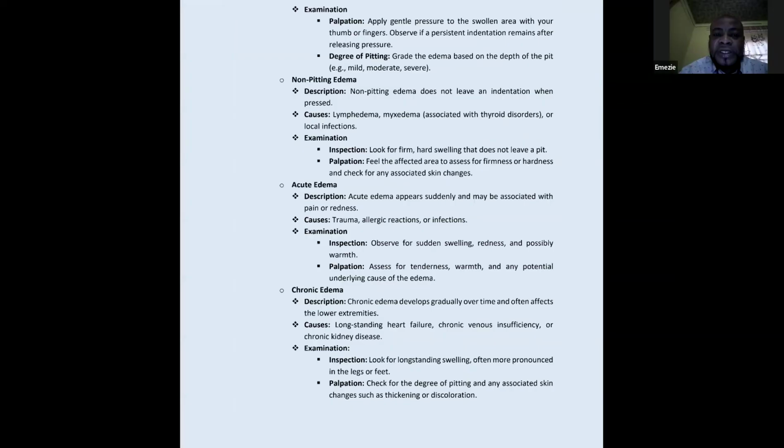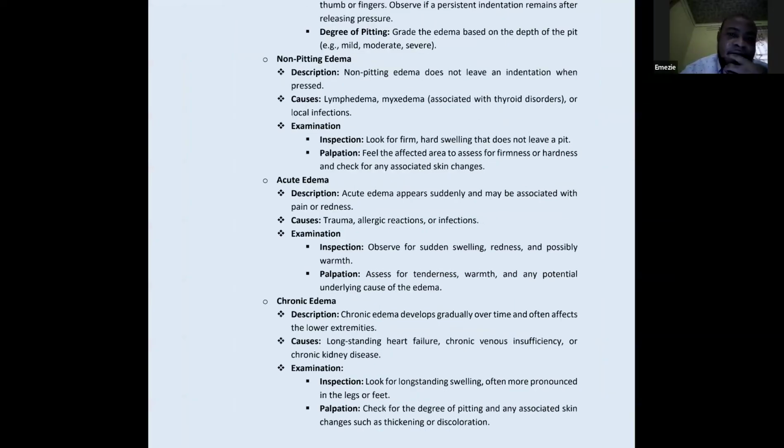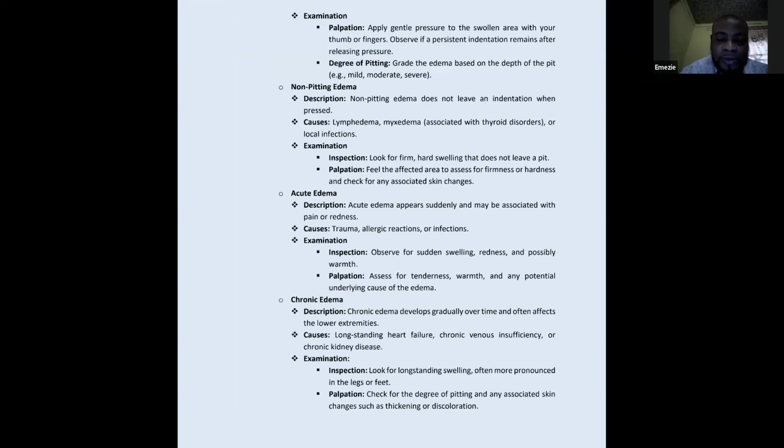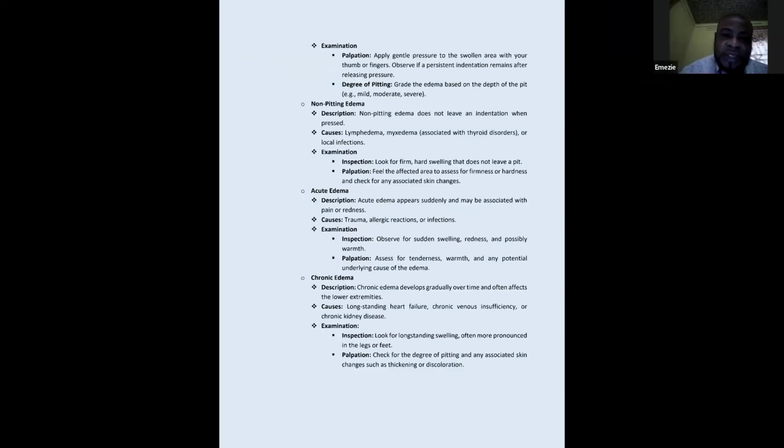In non-pitting edema, there are things like lymphedema, which you will learn later as you move on in the class. I don't want to bother you much with these courses, because at this early stage you might not be able to understand what a lymphedema or a myxedema is.